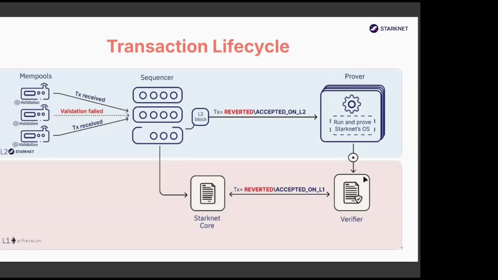Imagine you have 1,000 transactions, and remember every transaction adds a block. Now imagine you have to verify each block independently. That will take a lot of time. So the power of Starknet is in its ability to verify many blocks at once. So it doesn't need to individually verify each single block.